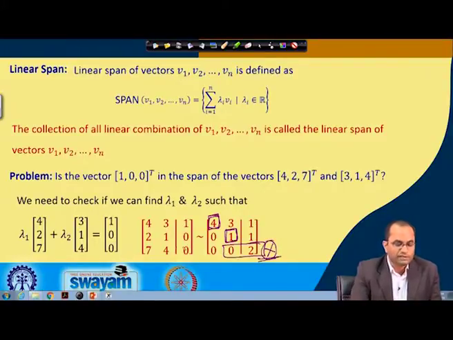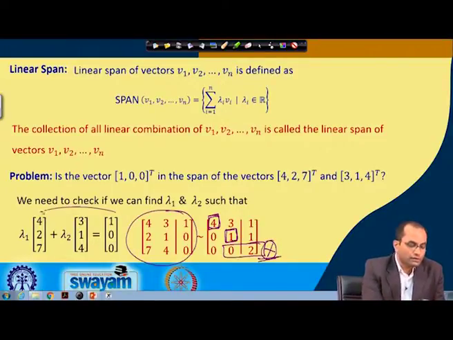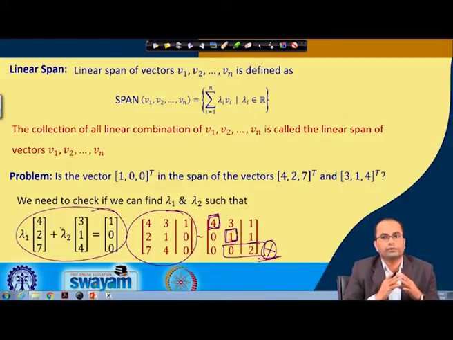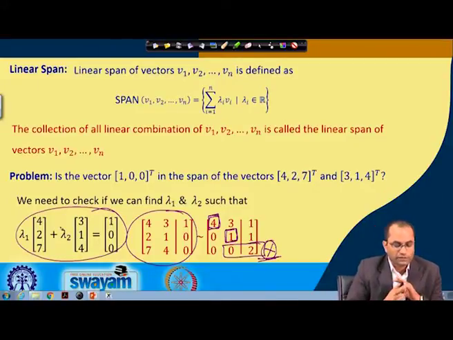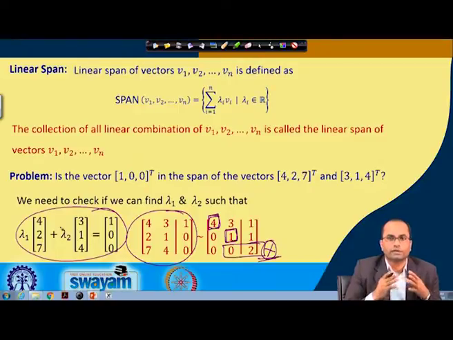That means we cannot solve this system for lambda 1 and lambda 2. There is no solution because our equations are inconsistent, and therefore the answer to this question is that the vector 1 0 0 does not lie in the span of the vectors 4 2 7 and 3 1 4.